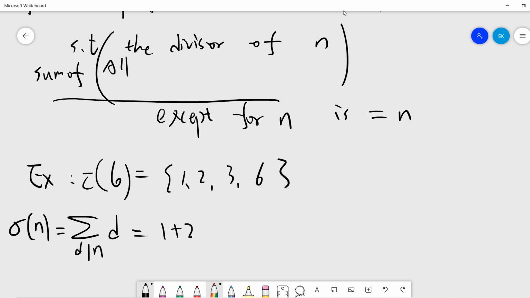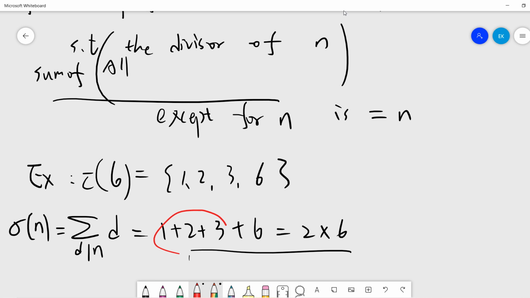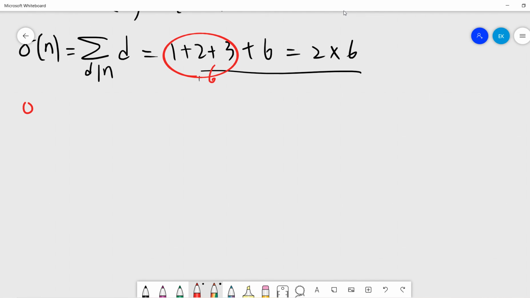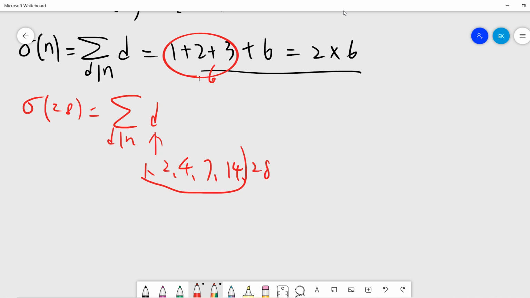So this is 1 plus 2 plus 3 plus 6, which is 2 times 6. Or I should say the sum of these, excluding 6, is 6. And also 28: you can try this, 1, 2, 4, 7, 14, 28. If you sum these, you get 28.